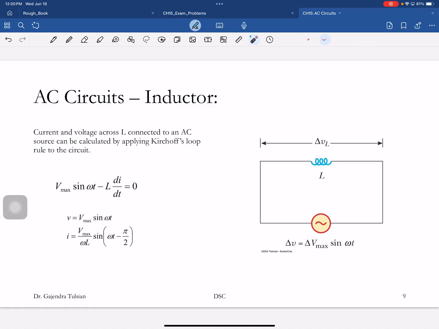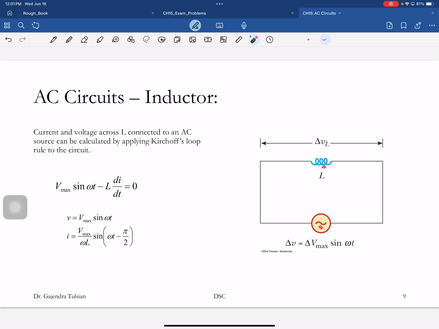We're going to keep things simple and connect all the elements that we know to an AC source. So far we've learned about resistors, inductors, and capacitors. So now let's connect an inductor to an AC source. What are the two things we want to know? Z and phi.